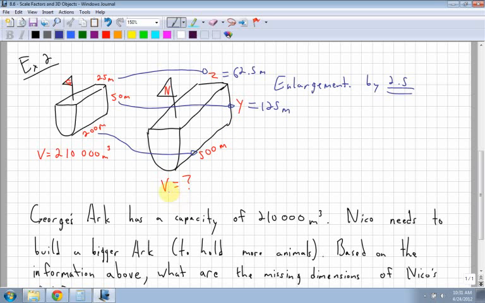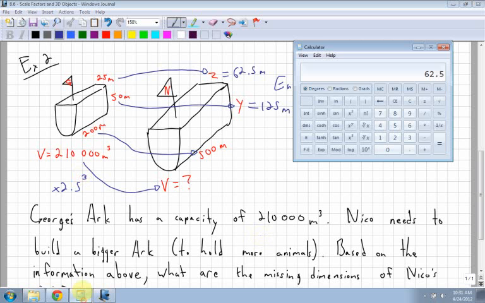The volume. I know my scale factor is 2.5, but what does that mean about my volume? How does it increase? Is it multiplied by just 2.5? Nope. Is it multiplied by 2.5 squared? Nope, that's for area. For volume, it's 2.5 cubed. So 2.5 cubed is 15.625.